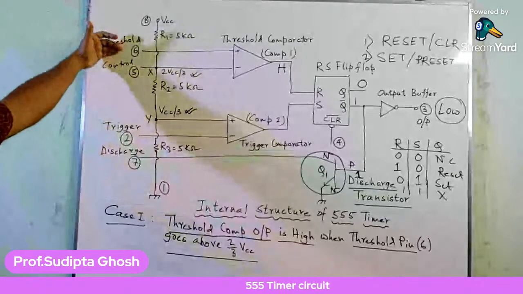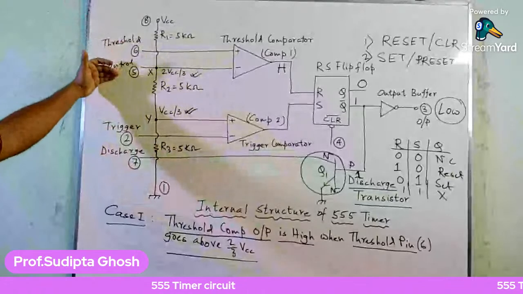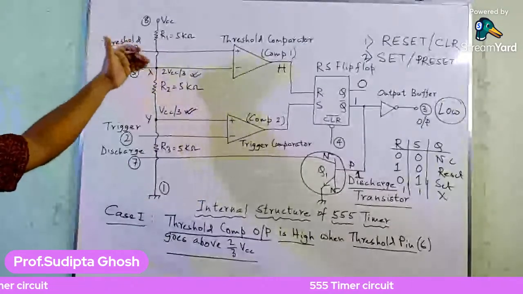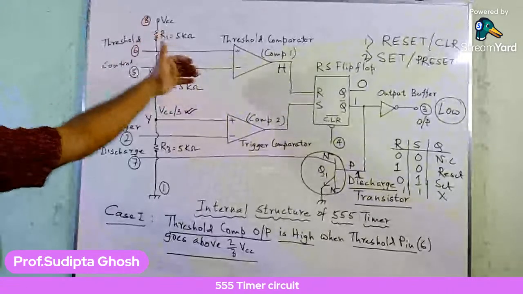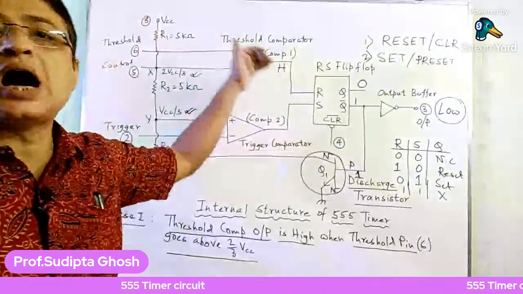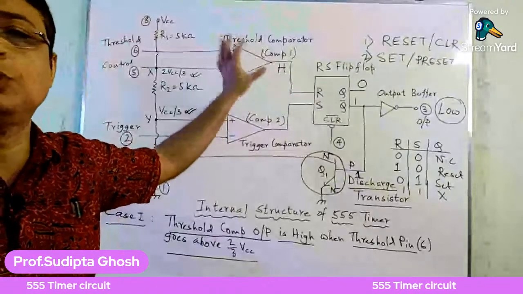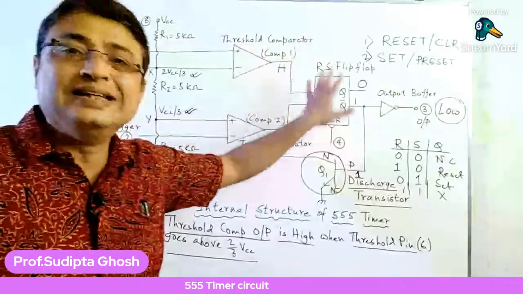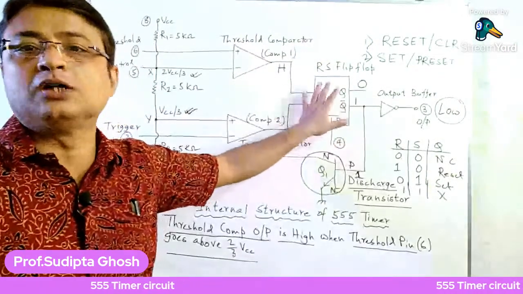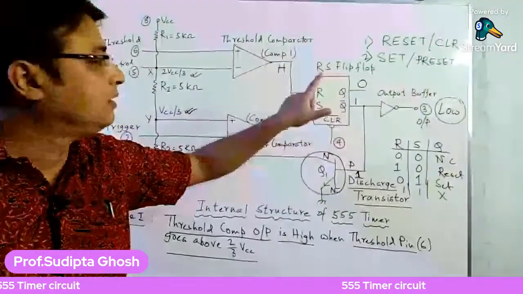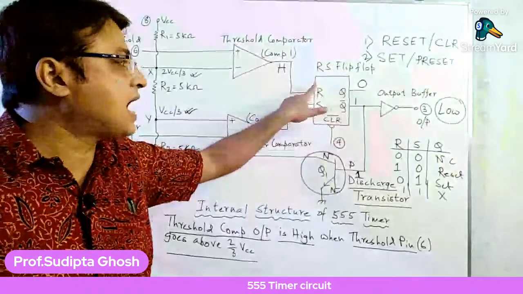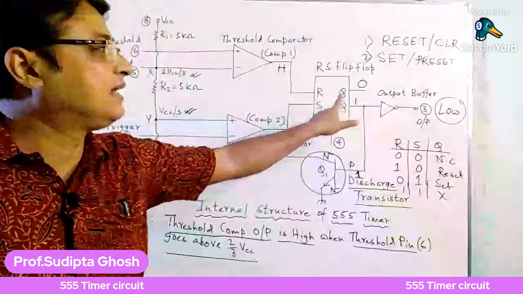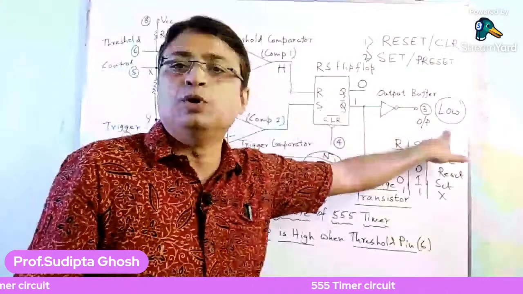So the threshold input is high compared to the pin number 5 input, or the value given at terminal X. This gives us a high output at the threshold comparator, which resets the flip-flop because R is high, so Q is low, and that gives us a low output at the buffer output.